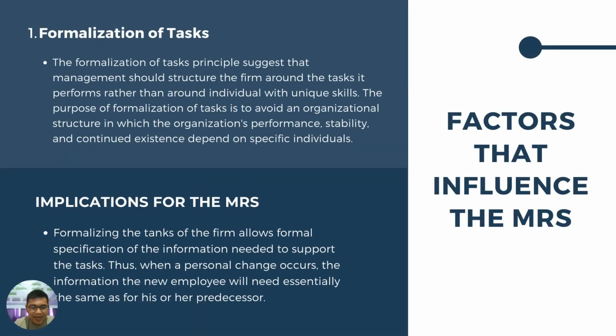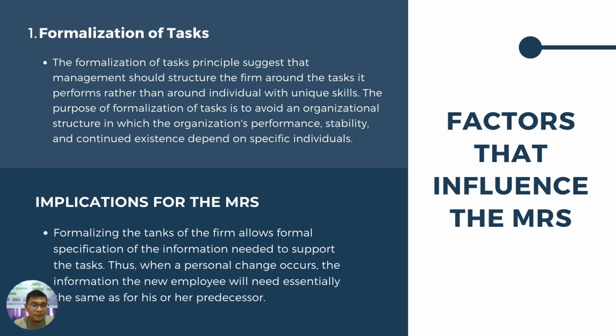The formalization of task principle suggests that the management should structure the firm around the tasks it performs rather than around individuals with unique skills. Under this principle, it says that organizational areas are subdivided into tasks that represent full-time job position. Each position must have clearly defined limits of responsibilities.